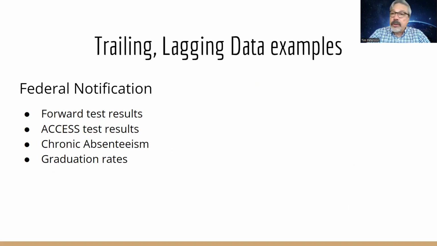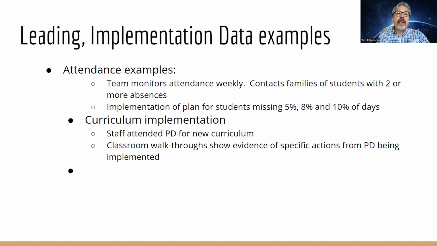Likewise, federal notification, the same kinds of things. If you're a TSI or an ATSI identified school, we're looking at these things typically as being lagging or trailing data. Now, implementation or leading data, some examples might be what goes into my goals to affect the trailing data.